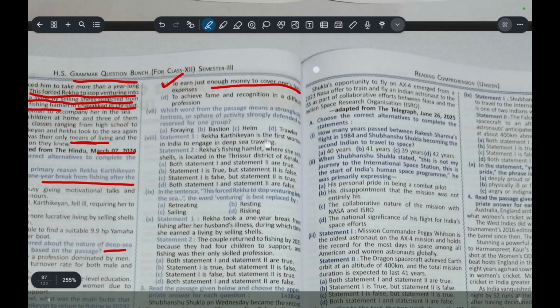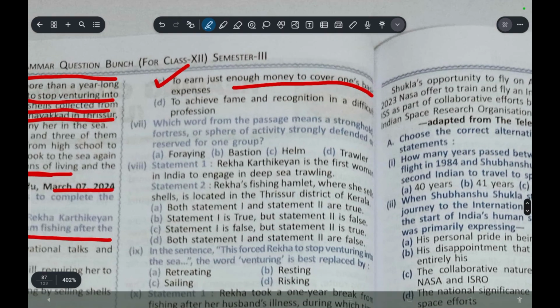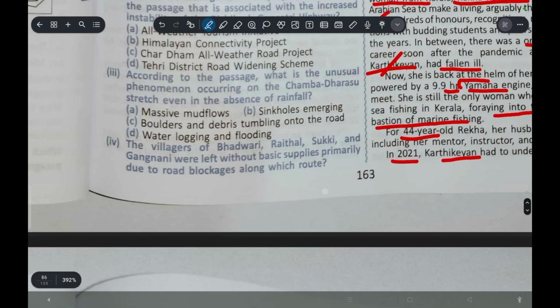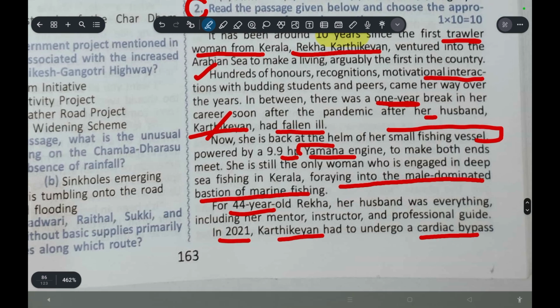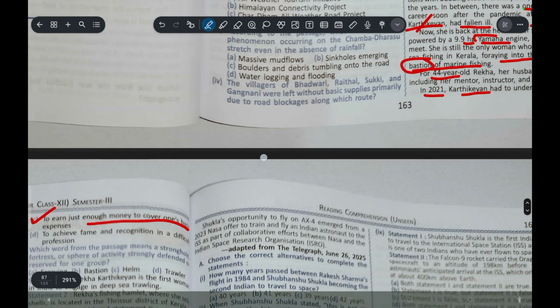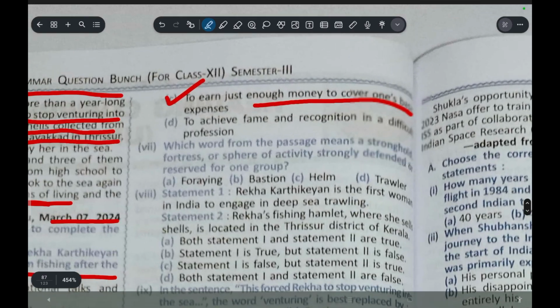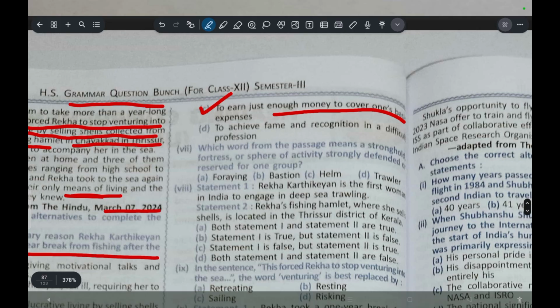Go for each of these options: foraying, bastion, herb, and silver. I can see here that it matches with the line foraying into the male dominated bastion of marine fishing. So for me, if I have to choose one option, then I will choose bastion.